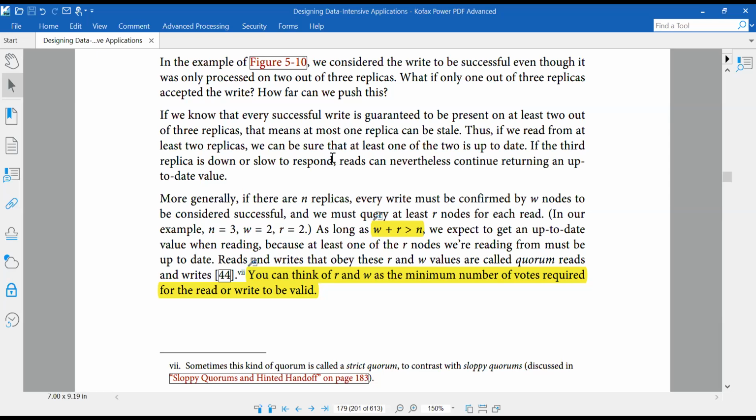In Zookeeper there is a leader election protocol and all those things.